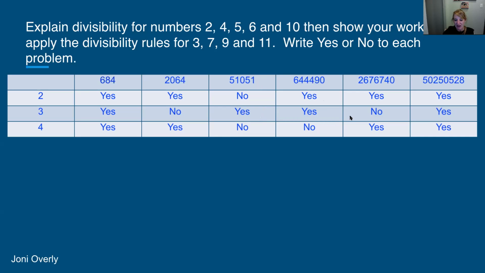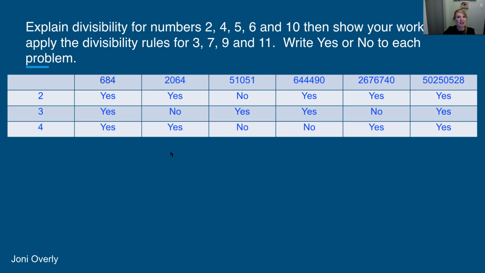And finally, 40 is going to be divisible by 4. And then last, 28 is also going to be divisible by 4.